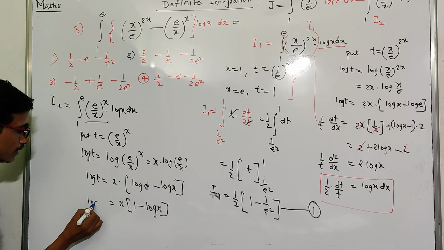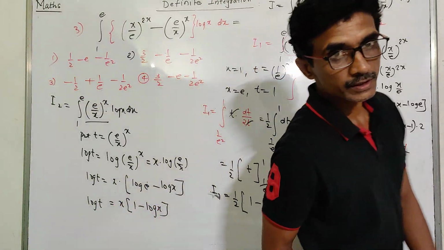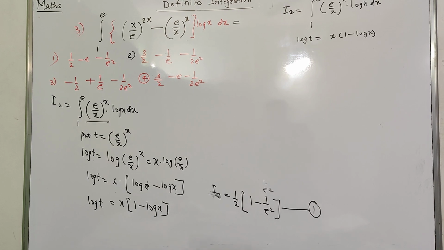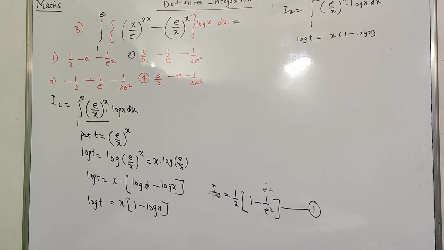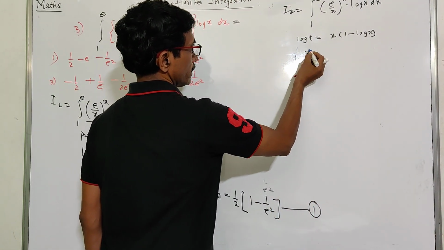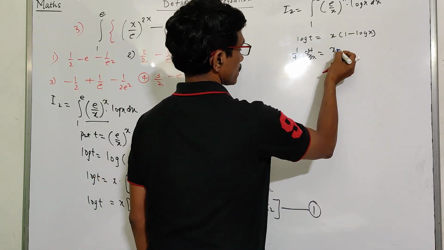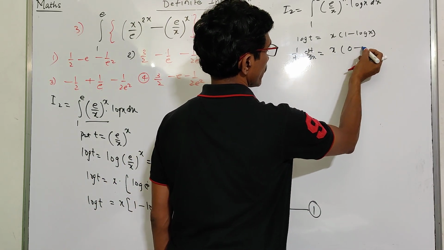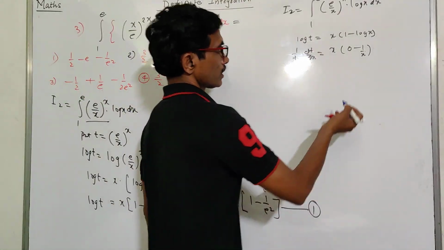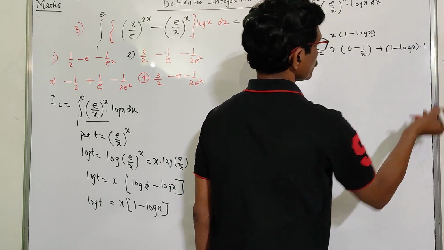Here it is log t, and then we differentiate it with respect to x. Left hand side will become 1 upon t dt by dx. On the right, product rule: x times the derivative of this, which is 0 minus 1 by x, plus (1 minus log x) times the derivative of x, which is 1.